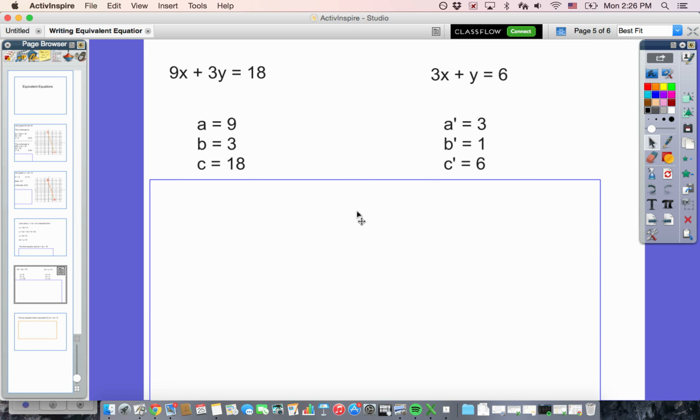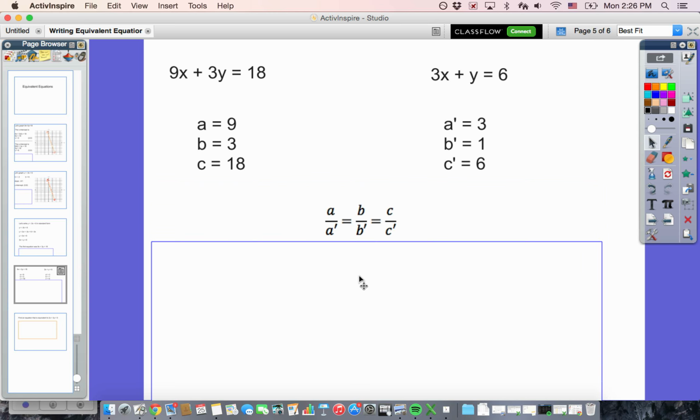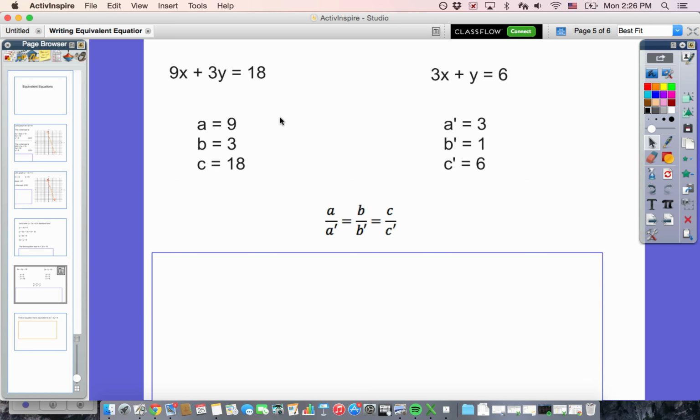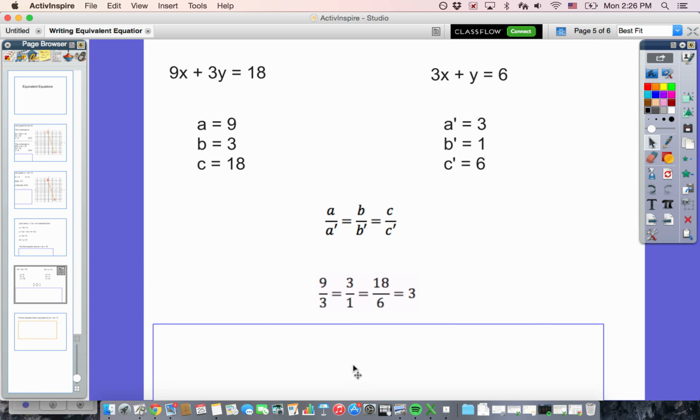Now we're going to look at ratios to help us determine whether or not these equations are equivalent. We divide the corresponding coefficients and constants: A divided by A prime, B divided by B prime, and C divided by C prime. When we divide, we see that these three ratios are all equal to 3.